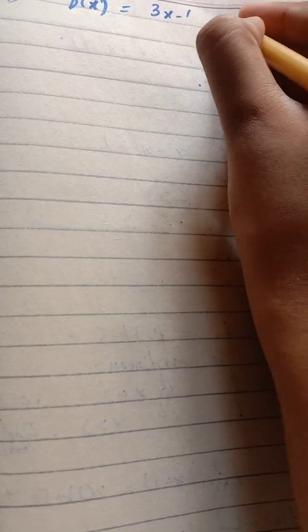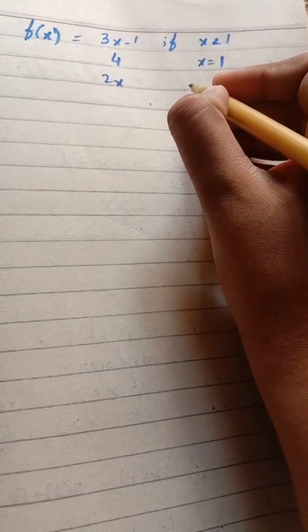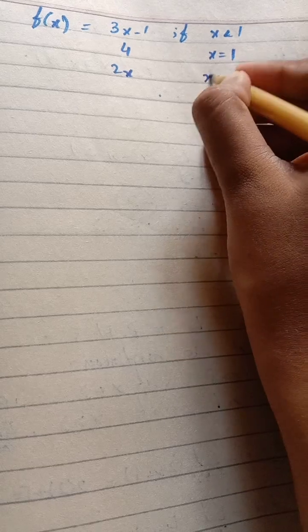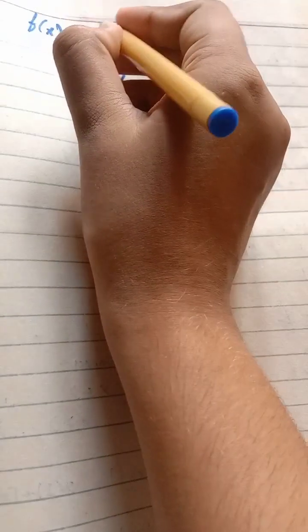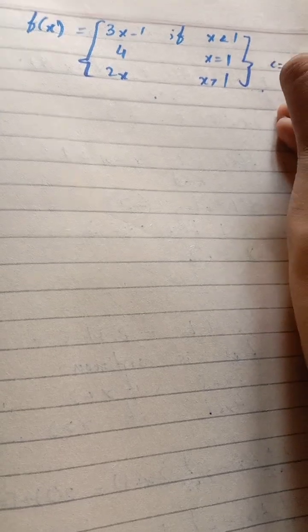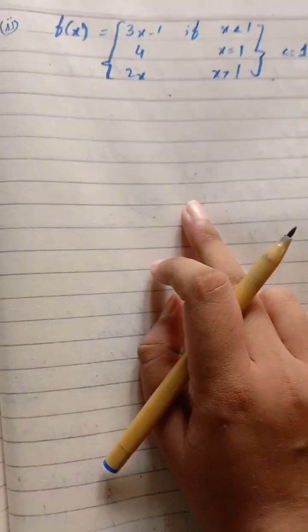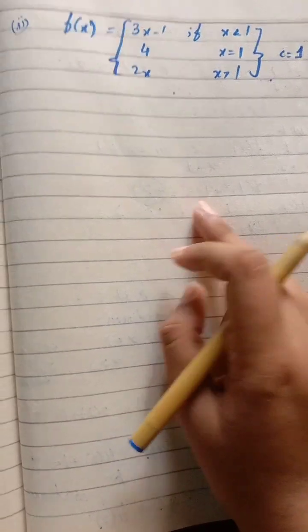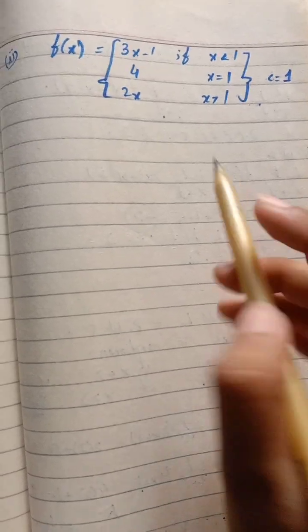If a function is not continuous, then it is obviously discontinuous. So this is the question for you. Solve it, find whether the given function is continuous or discontinuous, and give me feedback on your answer.